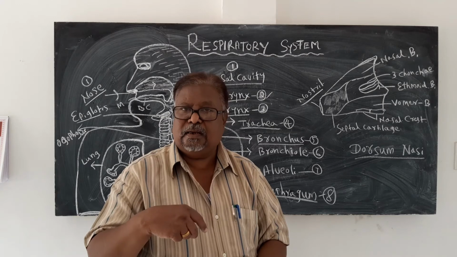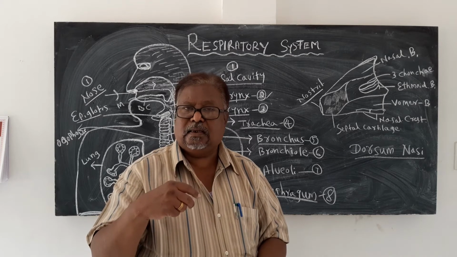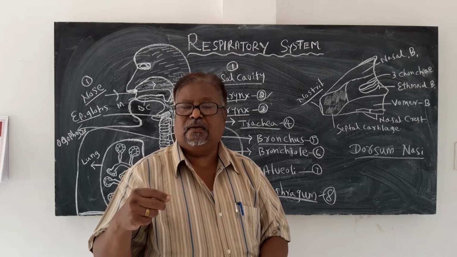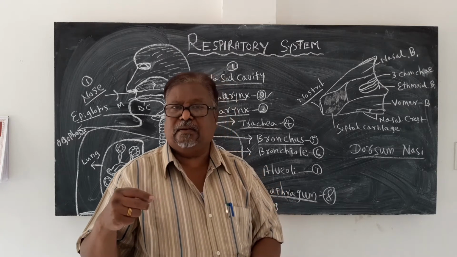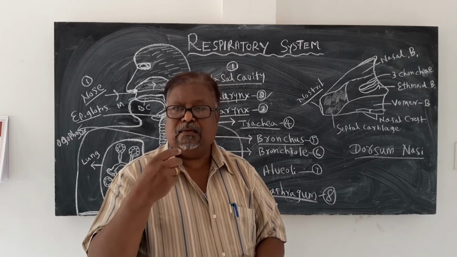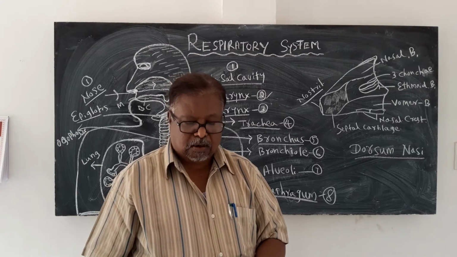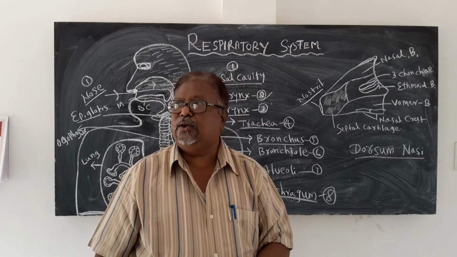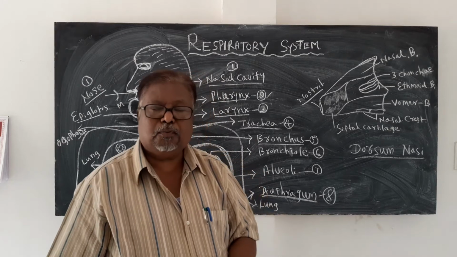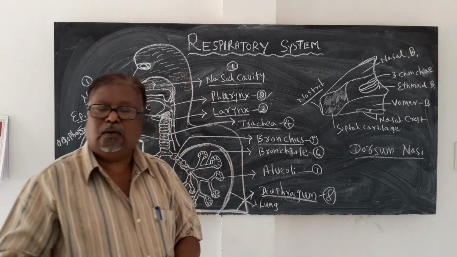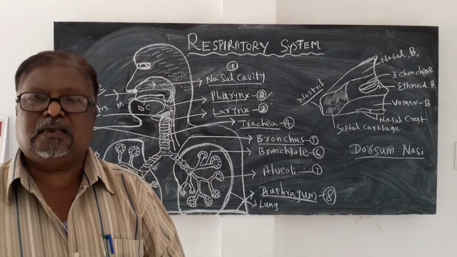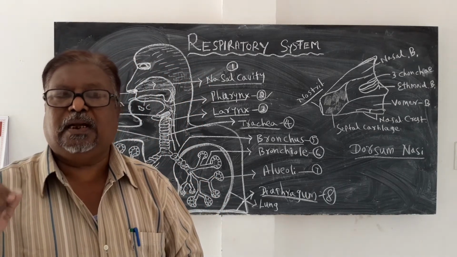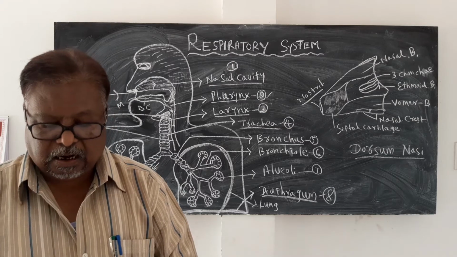When we take the air inside, the antigens or different harmful bacteria and viruses enter and are trapped in the mucous membrane. So it is a protective membrane, a place wherein the antigens and different types of viruses and bacteria are trapped.